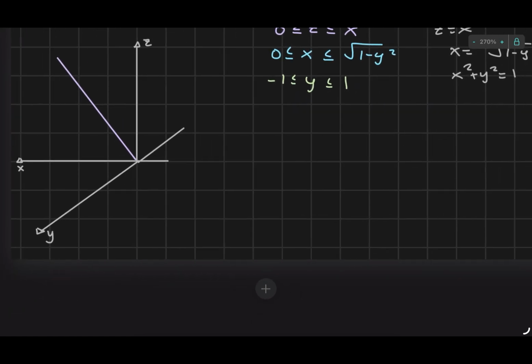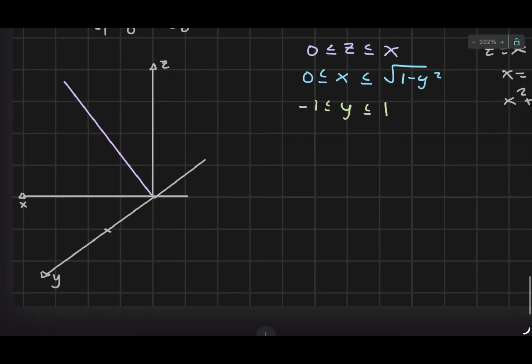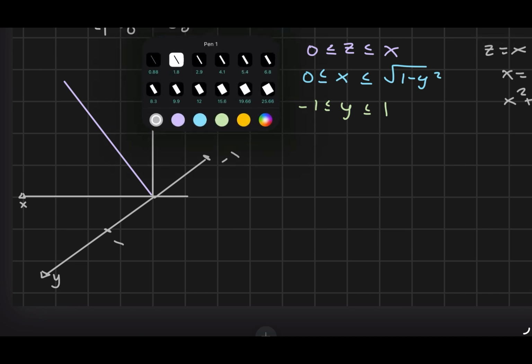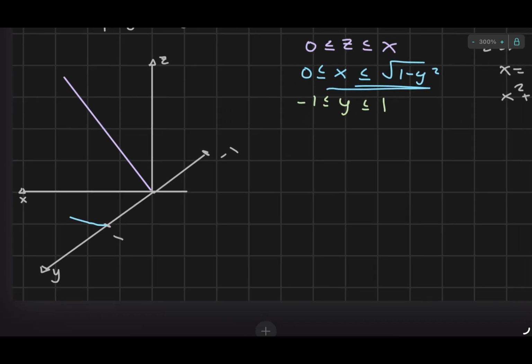So we're going to have a radius of 1 here, going from 1 over here to -1, and it's just going to be a half circle as demonstrated right here. So let's just go ahead and draw our half circle.